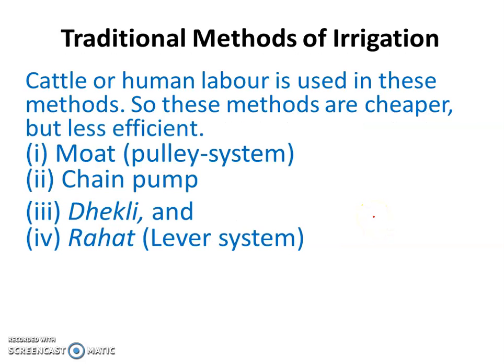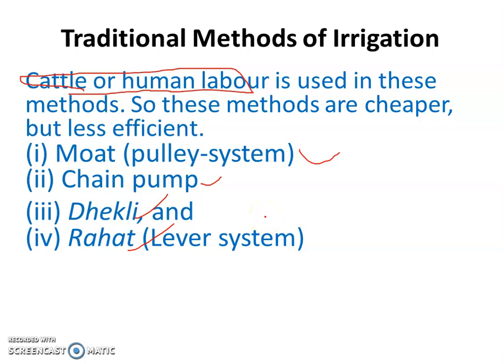Now traditional methods of irrigation. In traditional methods, cattle and human labor are used. Traditionally we use the pulley system mode, chain pump, Dhekli, Rahat, lever system.